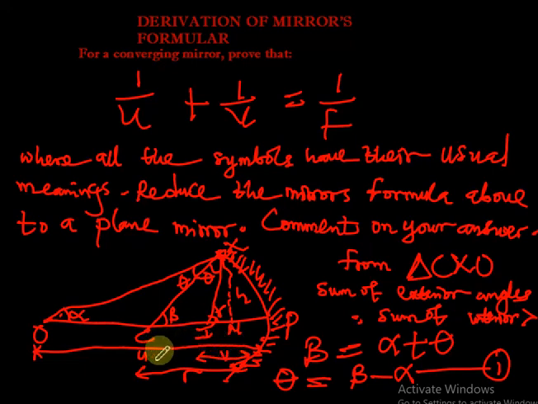Lastly, the interior angle is gamma, which is XIN: XN over IN, again XN over IP, then XN is h over IP.